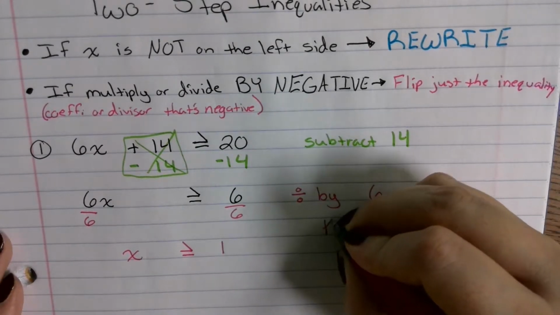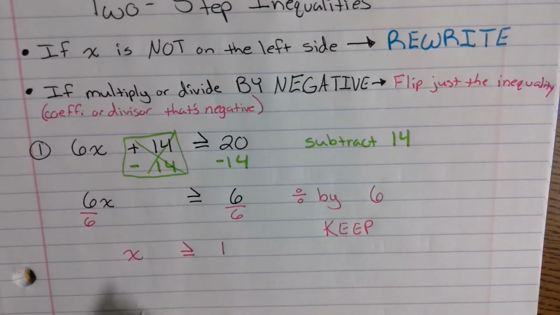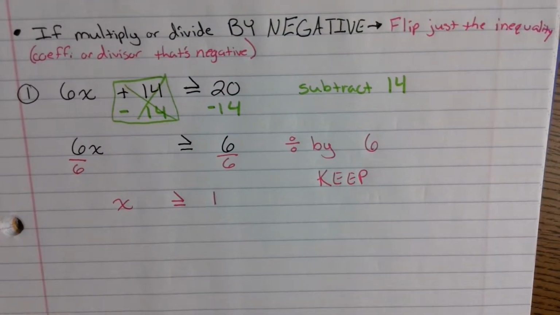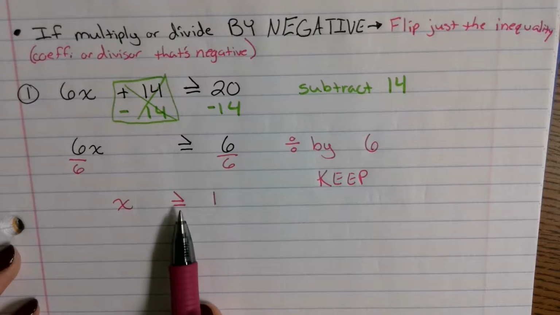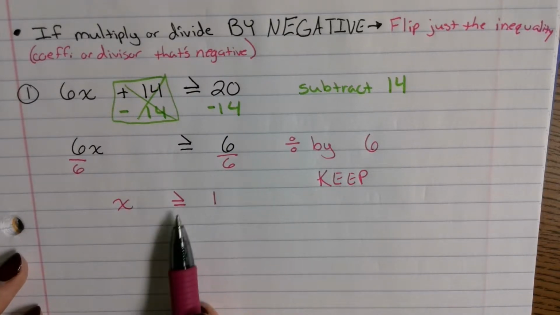So I'm going to even make that a note here. I'm going to keep my inequality the same. Now, again, because some of you are still iffy on that graphing, Bryant, when I'm graphing this, based off of the inequality symbol, is it an open or closed circle?